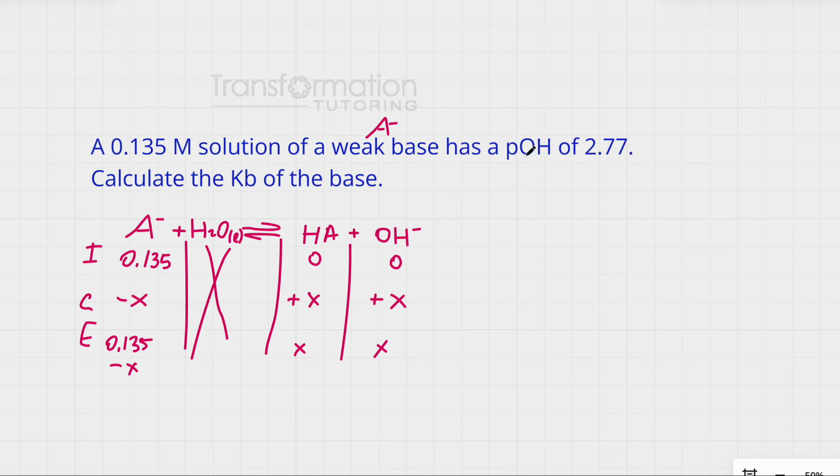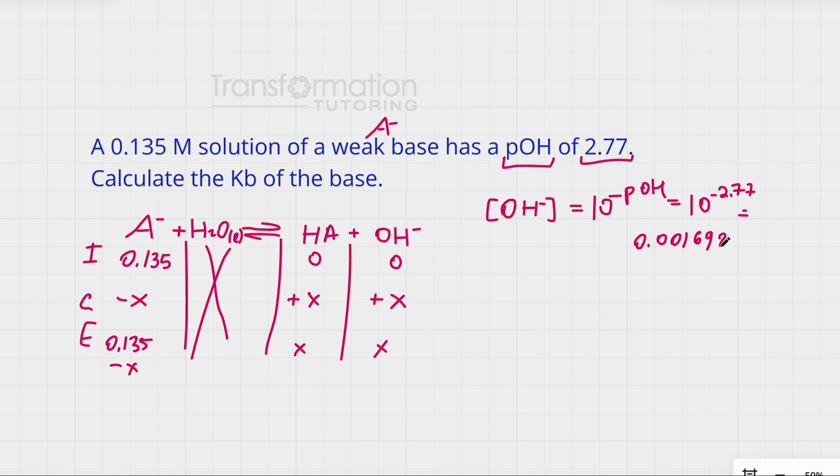Now let's see what I know. Here they gave me pOH is equal to 2.77, and from pOH we can find the concentration of OH minus. The concentration of OH minus will be 10 to the negative pOH, or 10 to the negative 2.77, and let's go ahead and plug that into our calculator to see what the number is. 10 to the negative 2.77 is equal to 0.001691698.